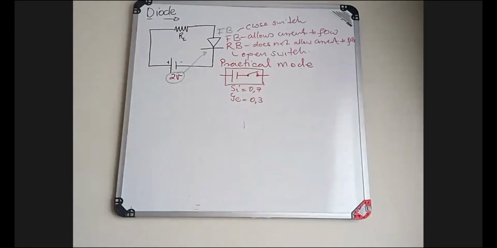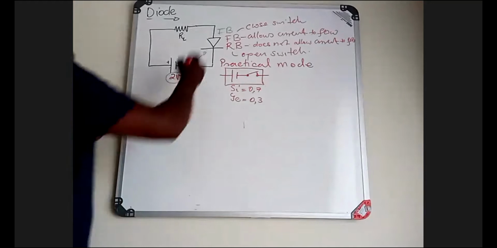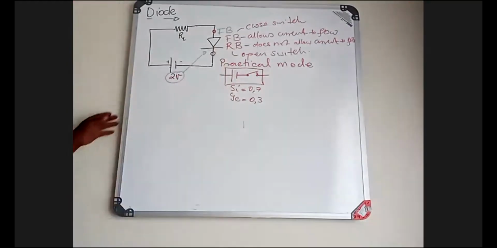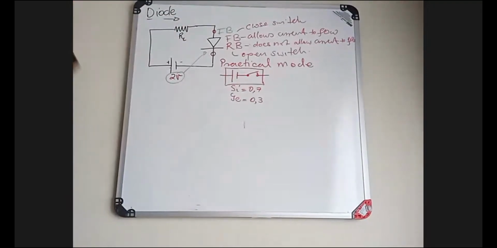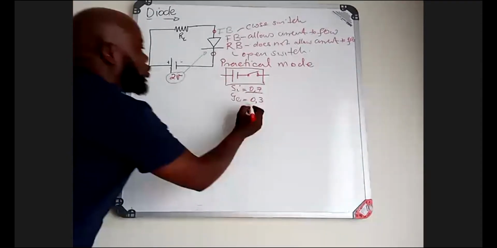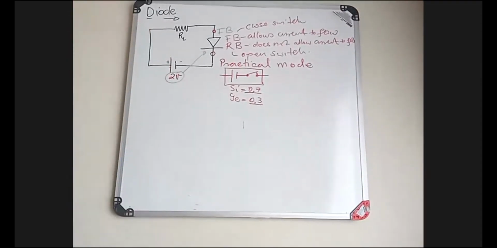So if I take a multimeter and put one probe here and one probe there, I am going to measure the voltage that exists within this component during the movement of holes from one region to the next, which, based on the material, is going to be 0.7 volts or 0.3 volts.